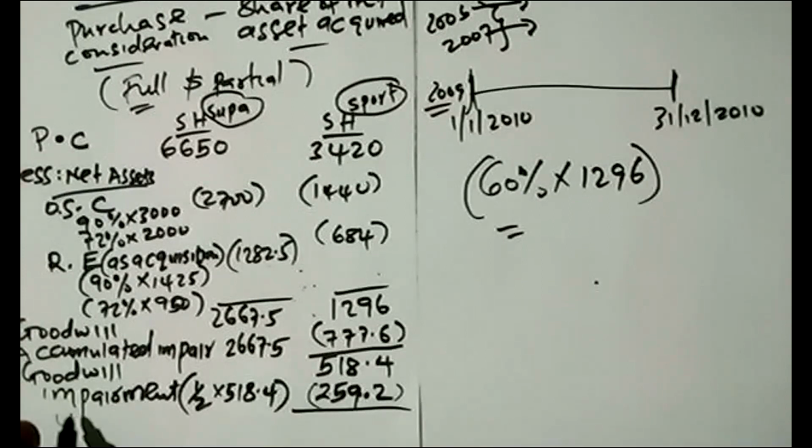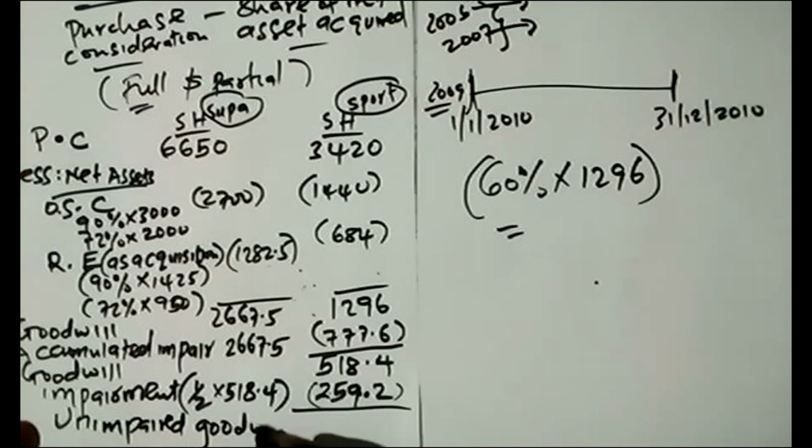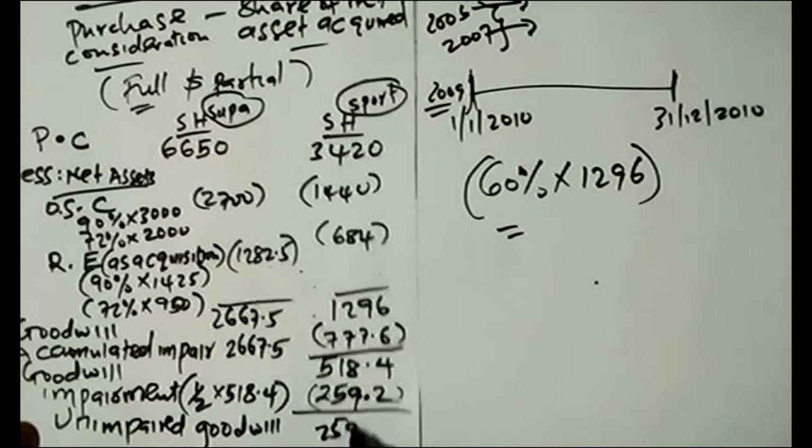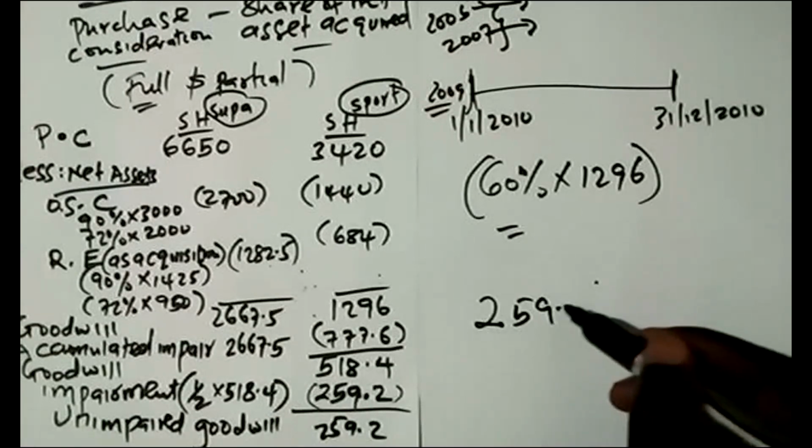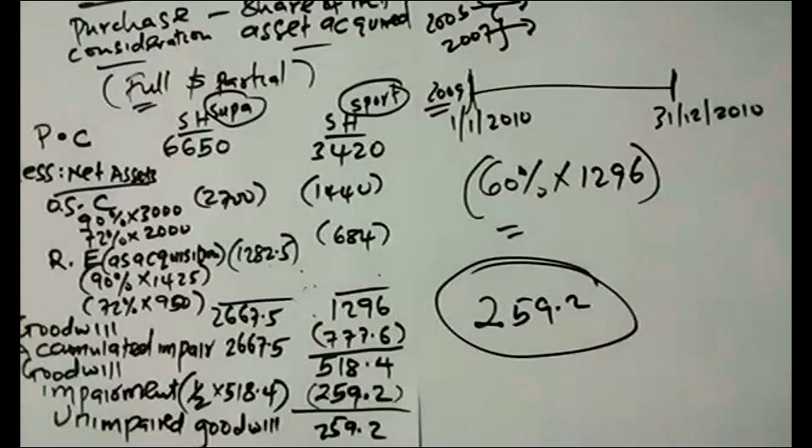Now the unimpaired goodwill is the balance, the same half, 259.2. Which means that the impairment I am looking for is just 259.2 for the current year.